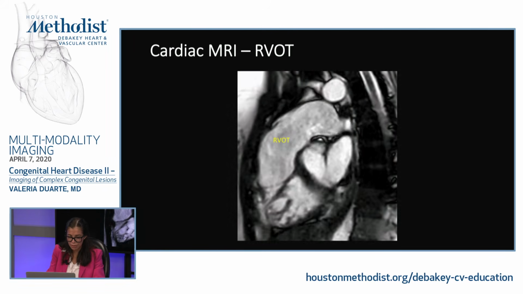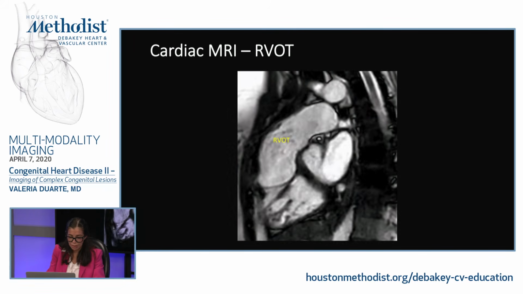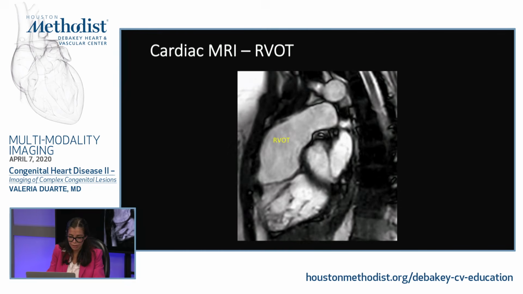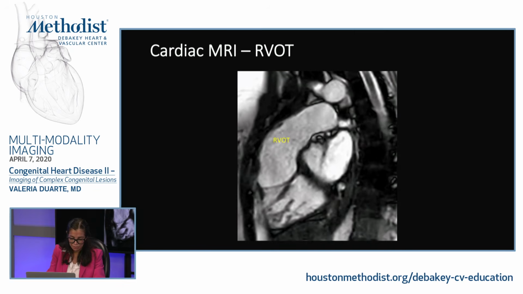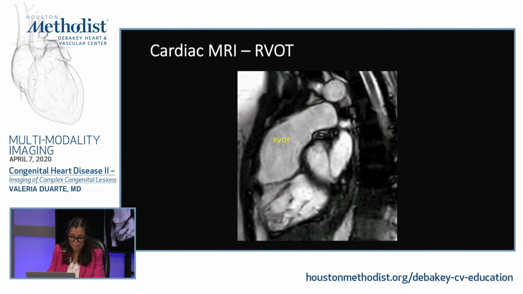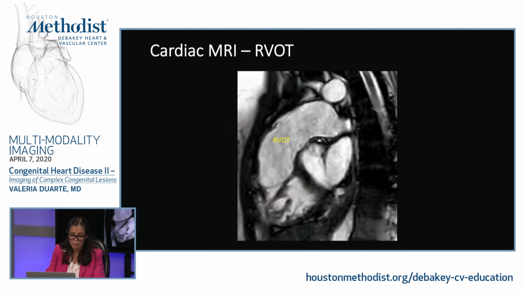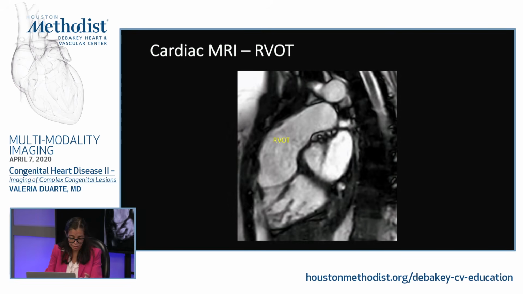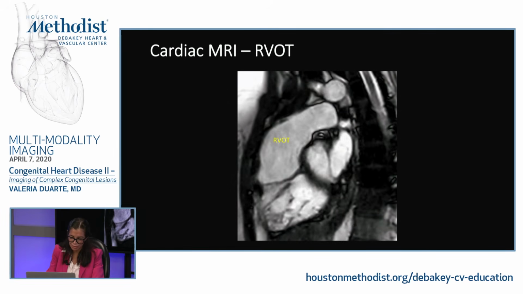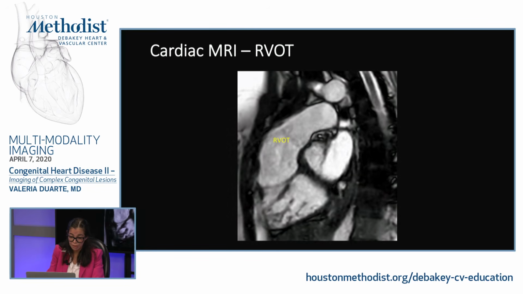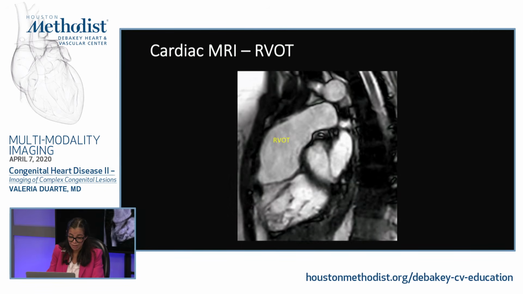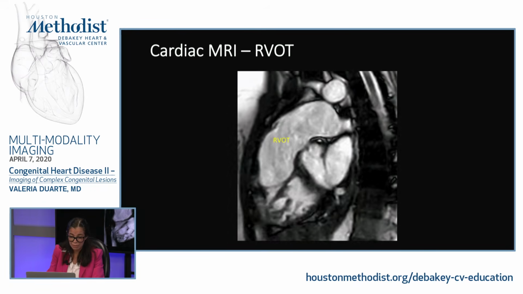This is another picture of the RVOT, just a close-up of the one that we saw earlier, and you can see the area. You can now clearly differentiate where the myocardium ends and the patch material starts, right where I wrote RVOT. That's all patch, dyskinetic, and you can see to-and-fro flow across the area where the pulmonary valve should be.